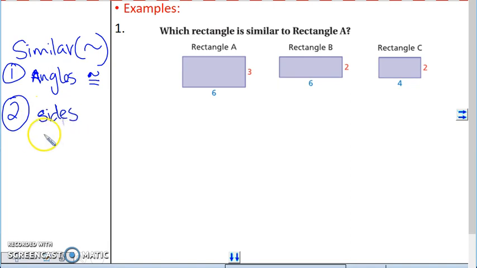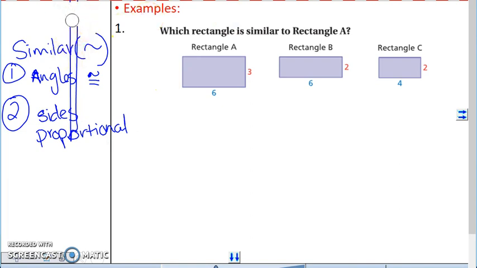Sides, proportional. Pretend like that line doesn't exist there. Okay. Equal angles. Luckily, for our first example, all of these rectangles have equal angles because they're all going to be 90 degrees.